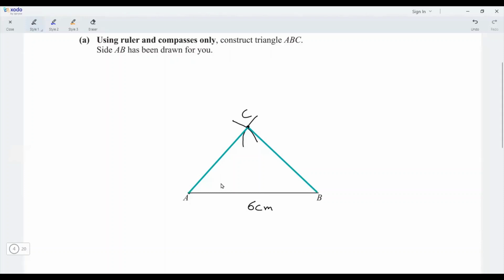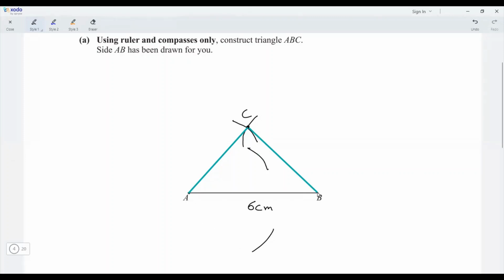So open your compass more than half of 6, say 4 centimeters, and draw an arc here. It can look like this, and similarly draw an arc below as well, placing your compass at A.